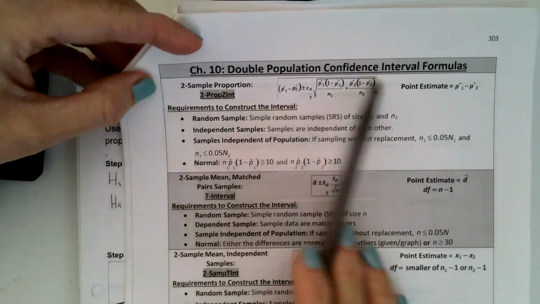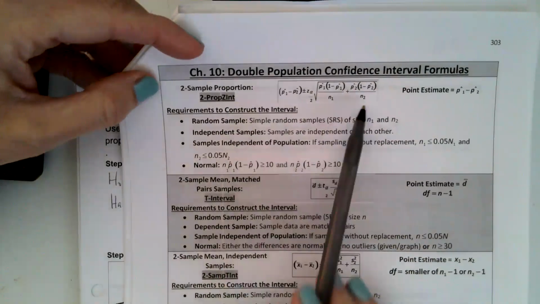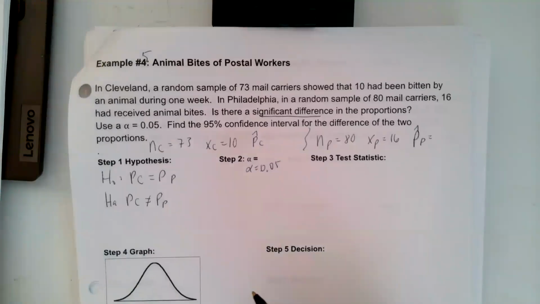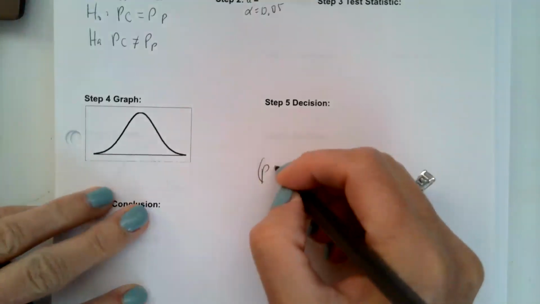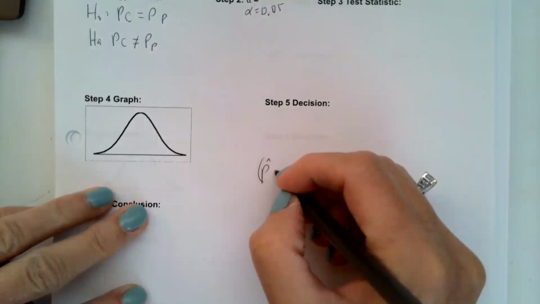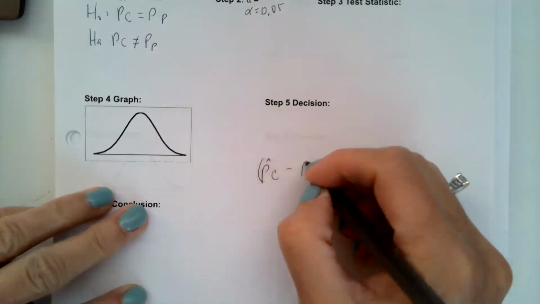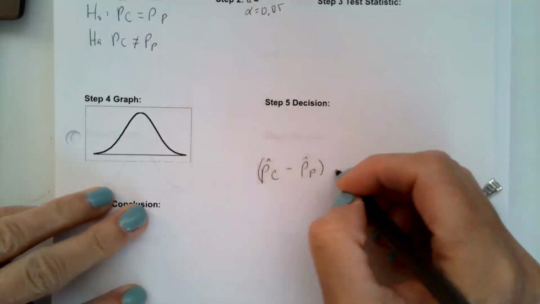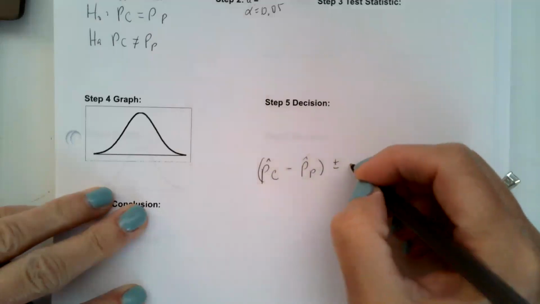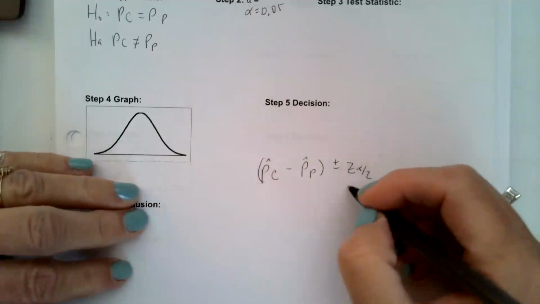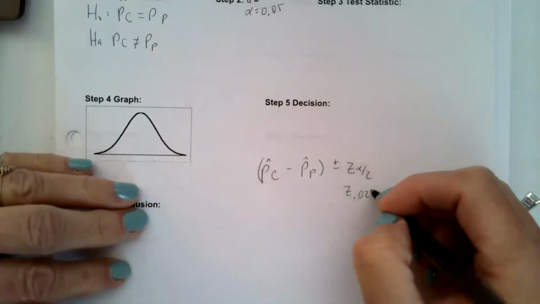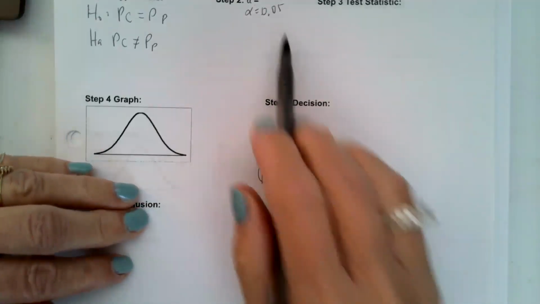So we're going to be using this formula here. So that formula, I'm going to write it on my paper, is P hat of the Cleveland minus the P hat of the Philadelphia, plus or minus our Z of alpha divided by 2. So that's going to be the Z of 0.025, because we're going to take 0.05 and divide it by 2.